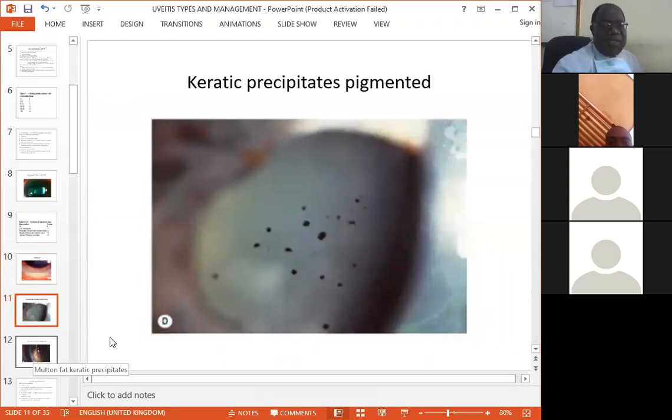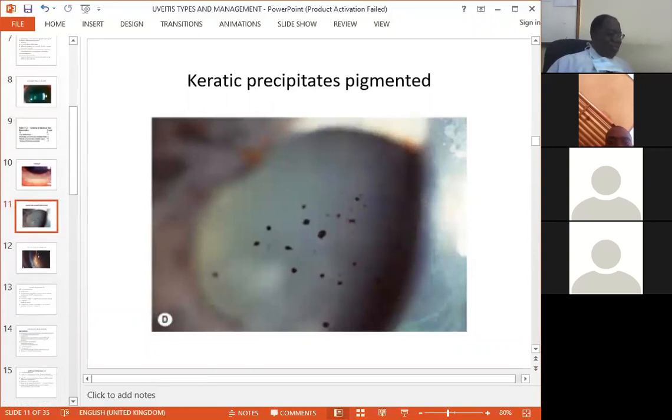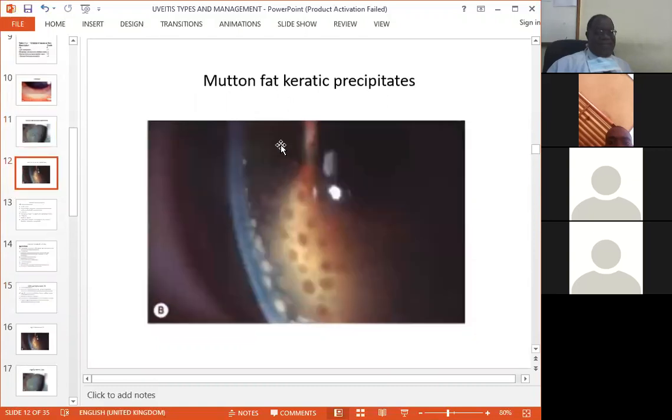These are pigmented keratic precipitates. Once precipitates get pigmented, it's a long-standing case. It's not an acute issue. This is a chronic issue. These are inflammatory cells stuck onto the posterior part of the cornea, the inside. This is how they appear.